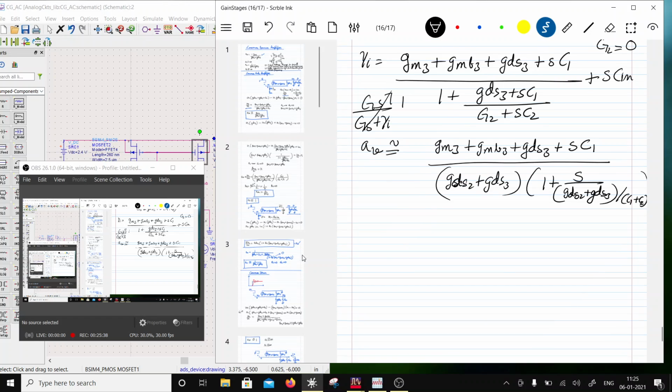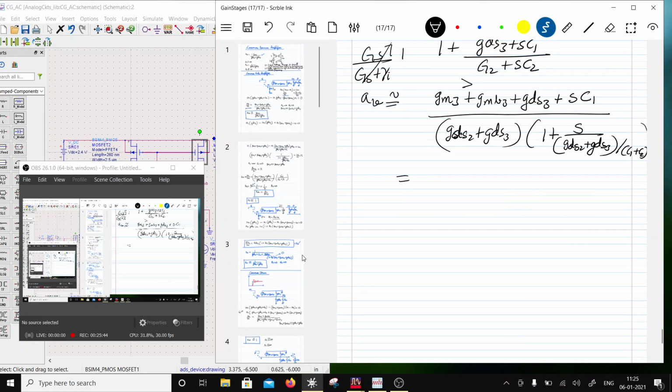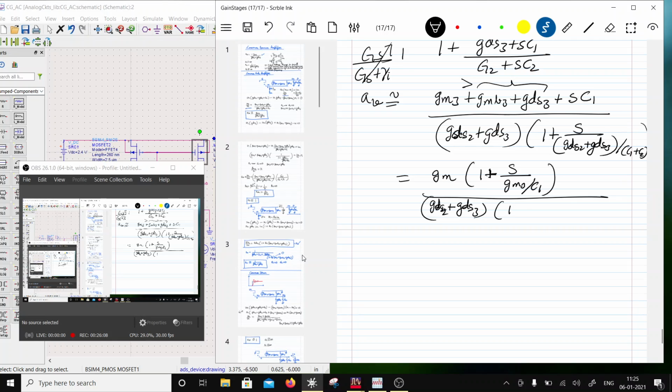Okay, so what has happened now? If I was to assume that GM is much larger than this term, right? So I have GM common out. I have 1 plus S over GM3 divided by C1, correct? Divided by GDS2 plus GDS3 times of 1 plus S divided by GDS2 plus GDS3 divided by C1 plus C2.